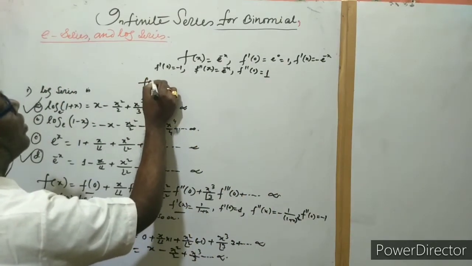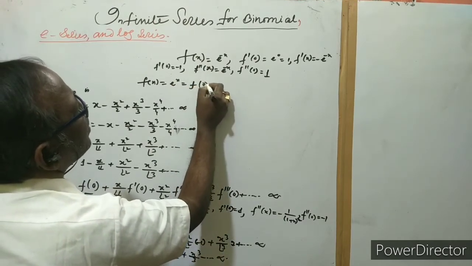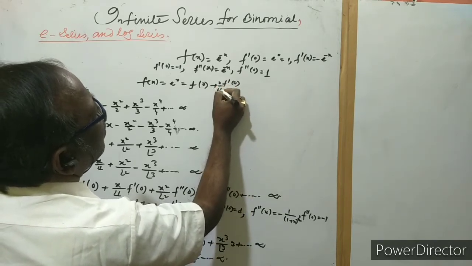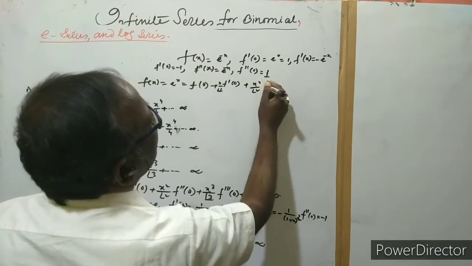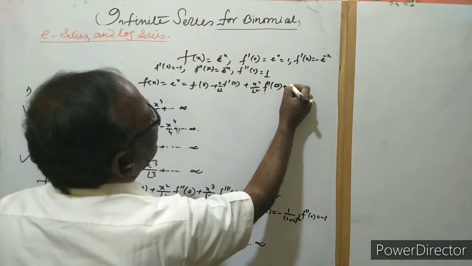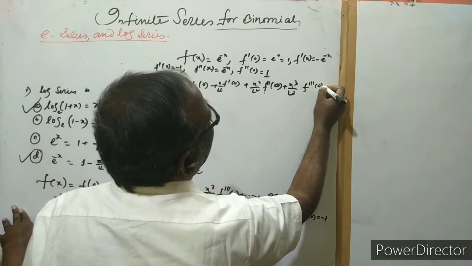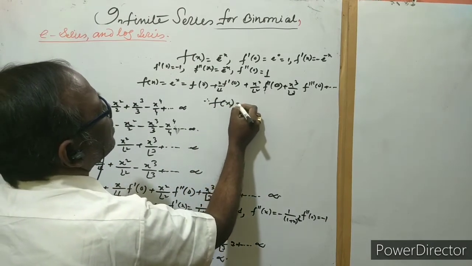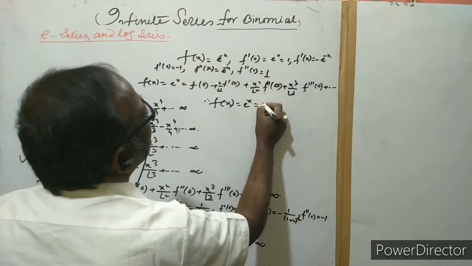So from the series e to the power x, this is f 0, f dash 0 times x by factorial 1, x square by factorial 2 times f double dash 0, x cube by factorial 3 times f triple dash 0, and so on. So therefore now f of x is equal to e to the power x, f 0 is 1, okay.